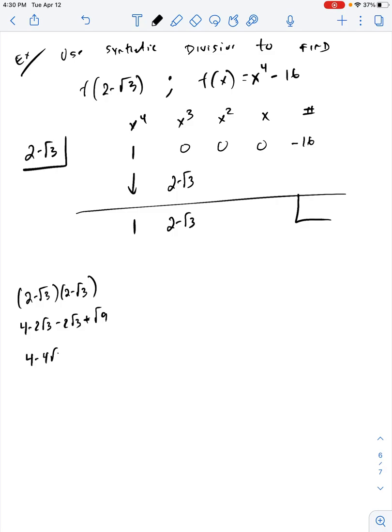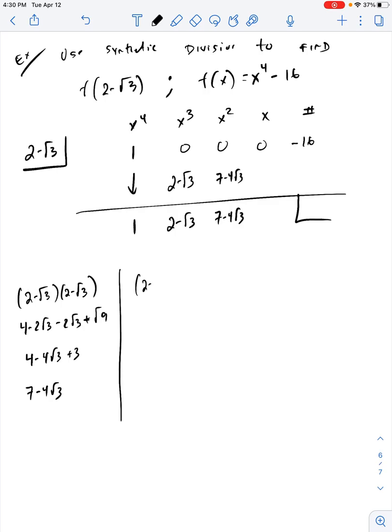It's 4 minus 4 square root of 3 plus 3. That's 7 minus 4 square root of 3. So then that goes up here. You add, that goes right here.